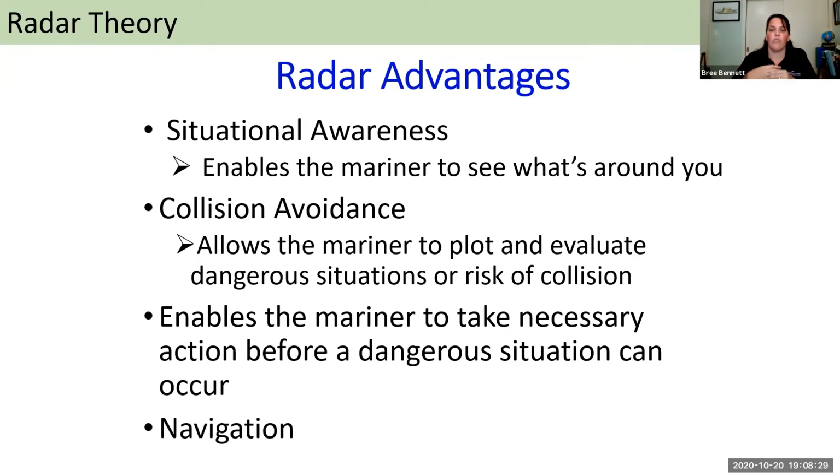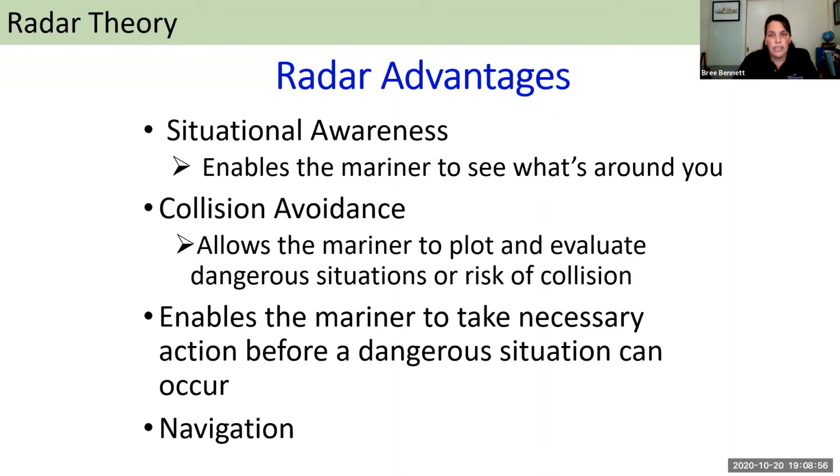So it really is a great tool to help you decide what course I need to change to in order to get a 2 mile, 3 mile CPA. What are my options? And I can see it in real time. Now we're going to learn how to do that by paper, but ARPA is a great tool.